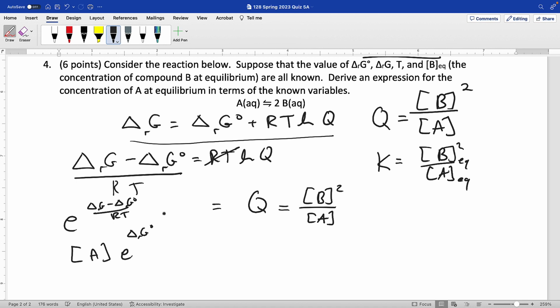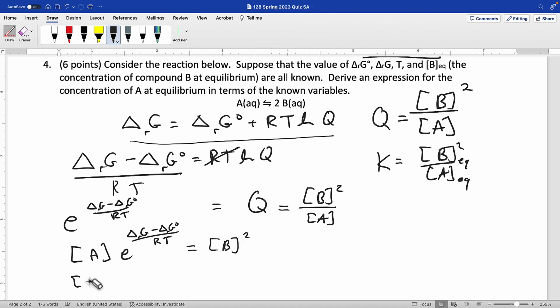Oops, that's supposed to be just delta G. Okay, so I multiplied both sides by A, and that is equal to B squared. That's true at any time, including at equilibrium.